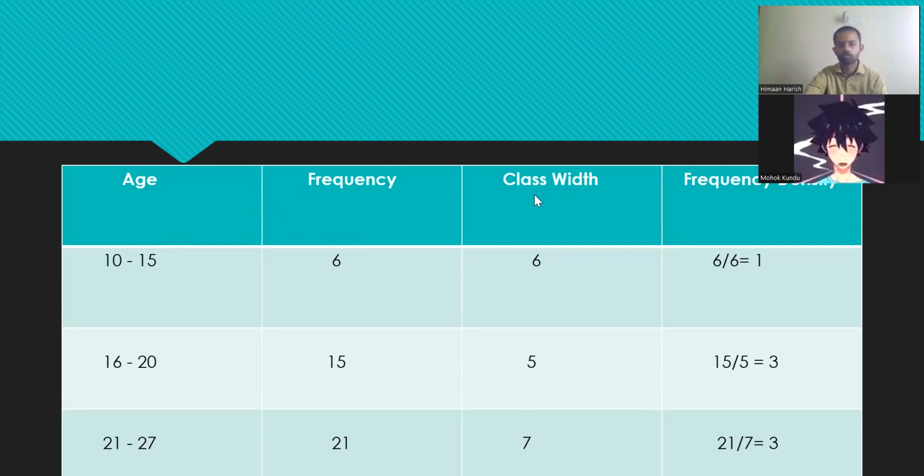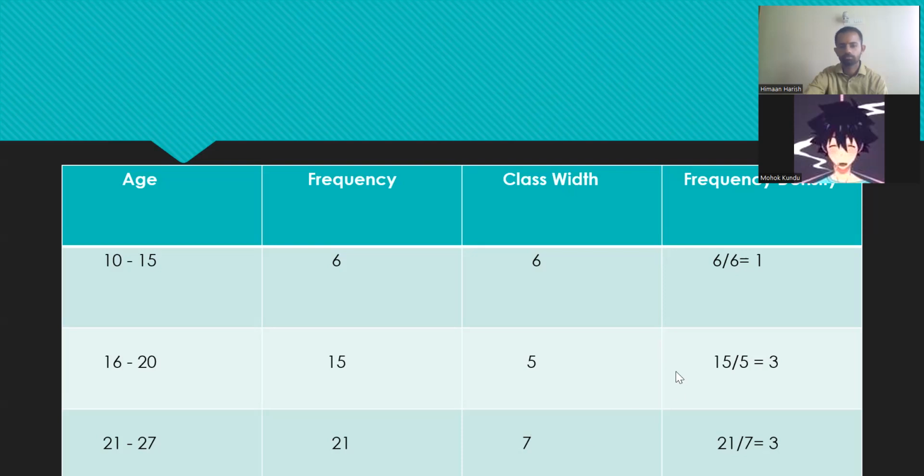What is known as class width? The number of people that are between the ages of 16 to 20. And what can be called the 21 to 27 age group? The frequency is 21. How is the class width 7?